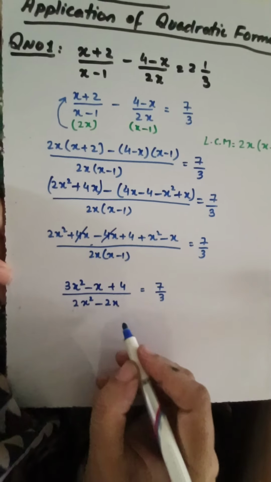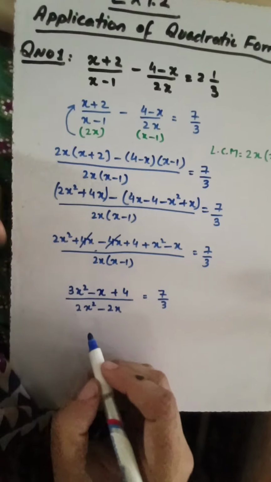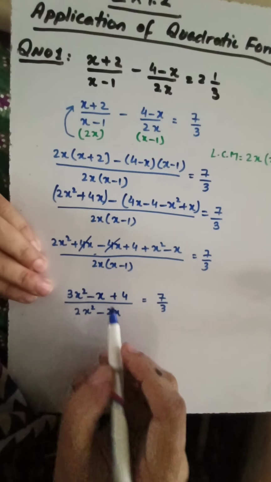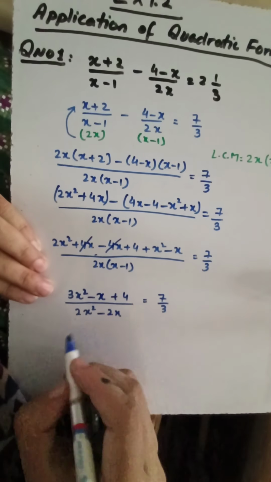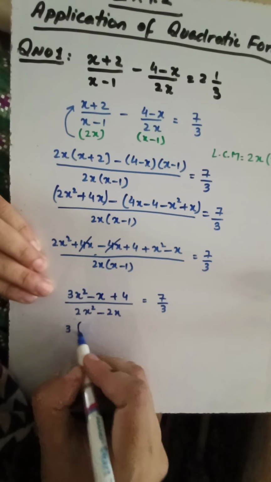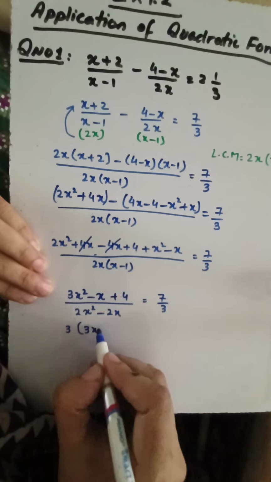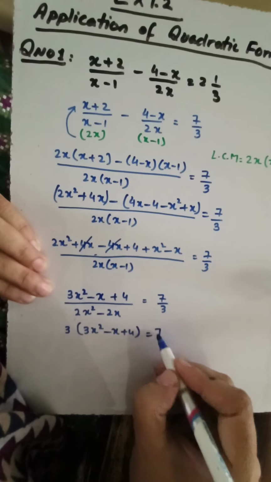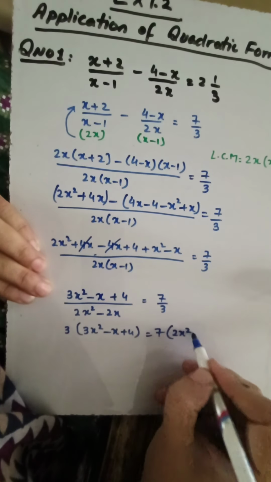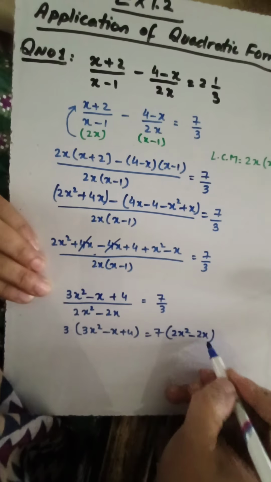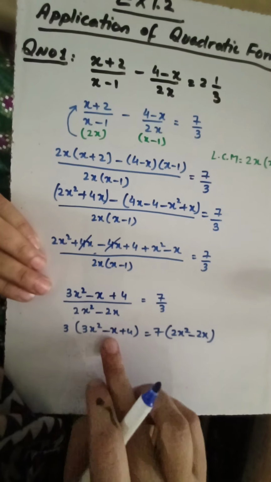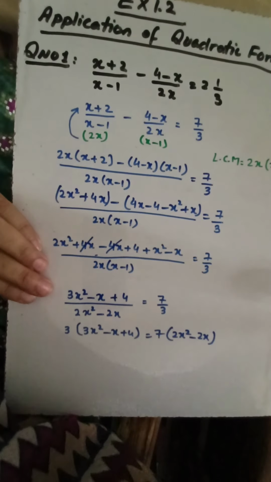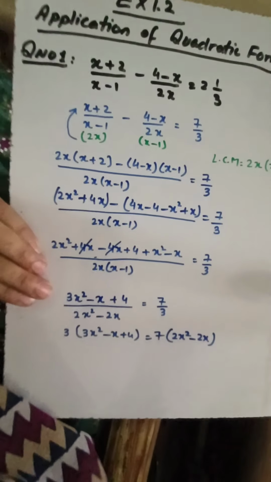Now I am going to do the cross multiplication. We are going to get 3 into (3x square minus x plus 4) is equal to 7 into (2x square minus 2x).